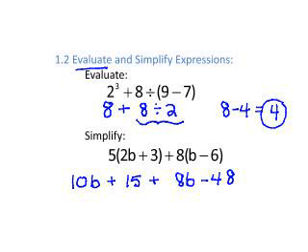Our like terms, well, 10b and 8b are like terms. So when I add them together, I get 18b. And then we can always just add two numbers together, and 15 minus 48 is negative 33.